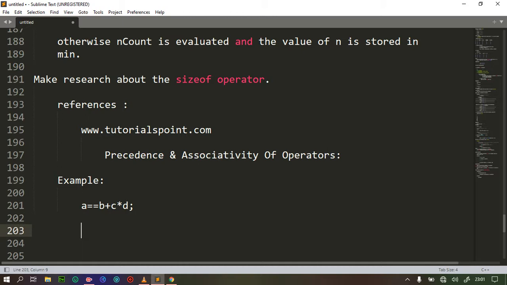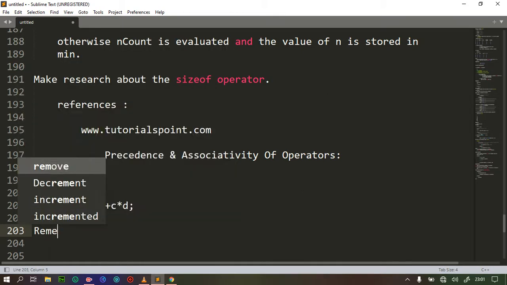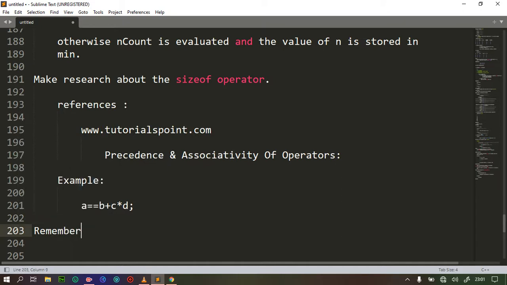Basing on precedence rules. Now, for those of you who are so confused at this level, I will help you remember the old law of BODMAS.